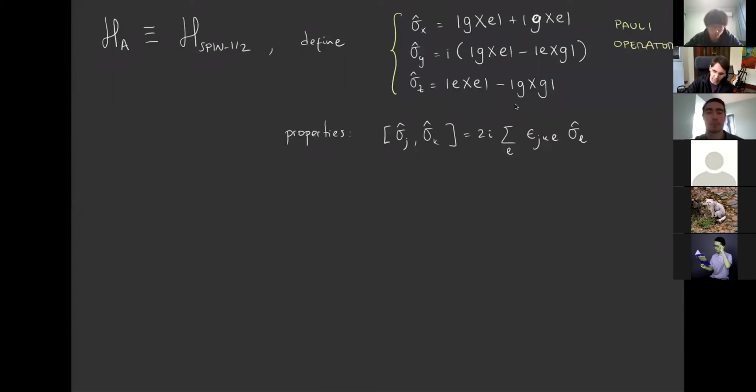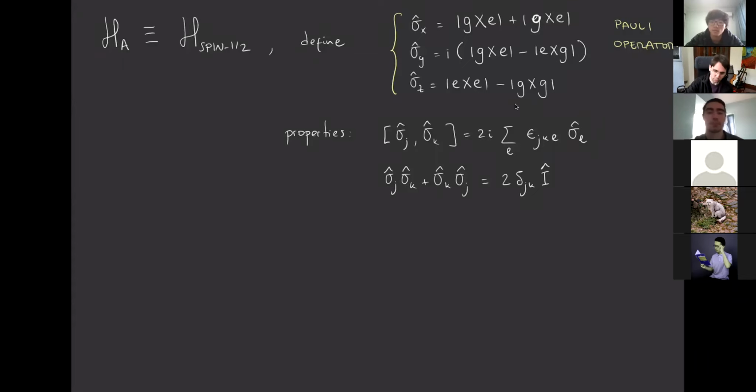On the other hand, the anti-commutator also has a very simple form for Pauli matrices. So if I ask what is sigma j sigma k plus sigma k sigma j, this is actually equal to 2 times the Kronecker delta of j and k, proportional to the identity.